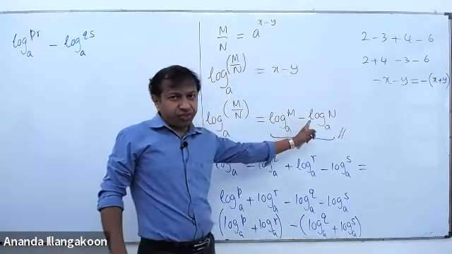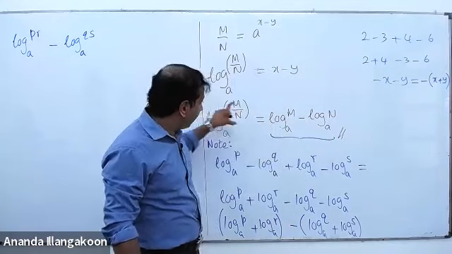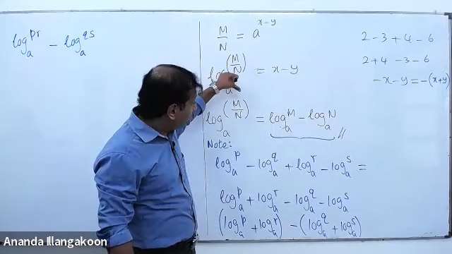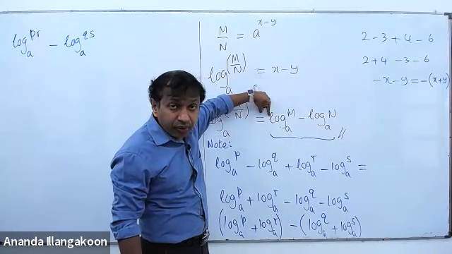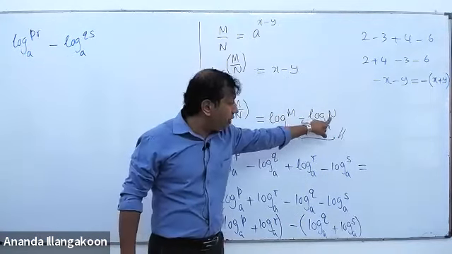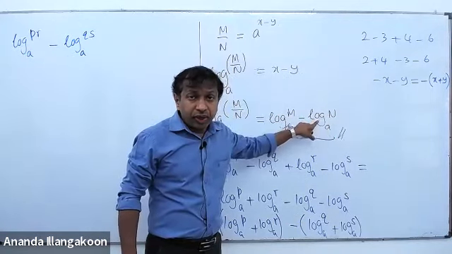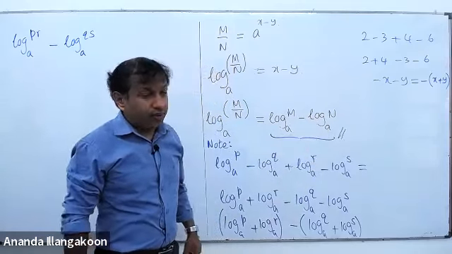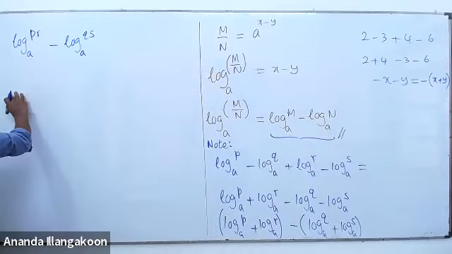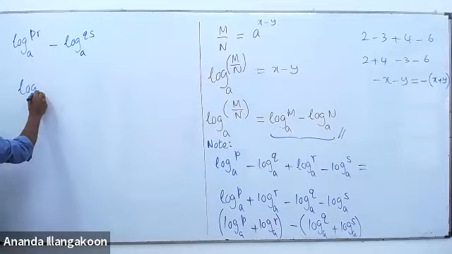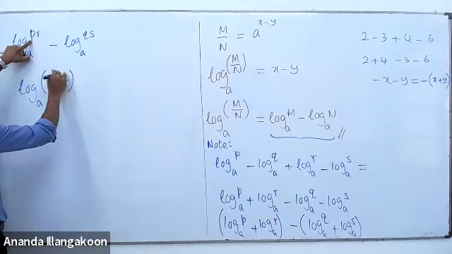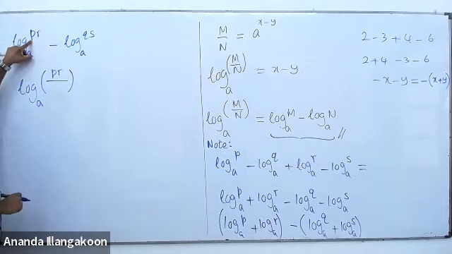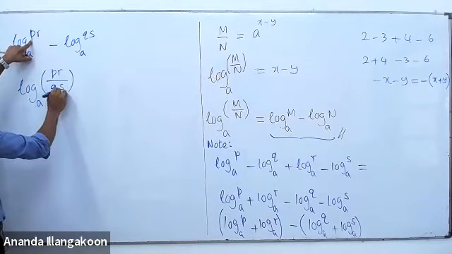When we have, this way, a difference of two log terms, you know, people, that difference we can write as a division like this. The numerator is going to be the number with the positive log term. The denominator is going to be the number of the log term that has the minus sign. If you apply that here, people, log base A, within the bracket we can now write: the positive log term is this, PR should come to the numerator, and this QS should come to the denominator like this.